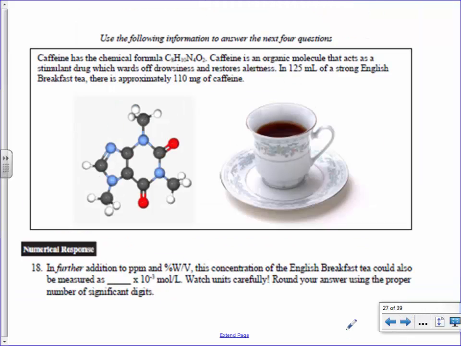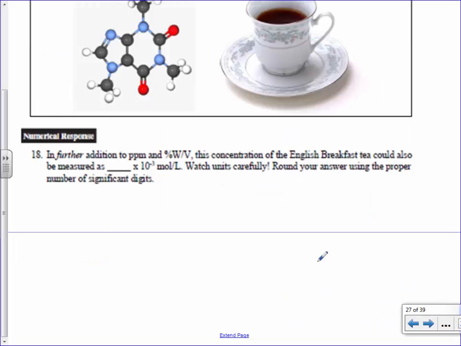So, this one's probably the most challenging one of the three. This one now wants moles per liter. So, in order to get something in moles per liter, we need to get a mole number, and we need to divide it by a liters number. And we have the liters number. The liters number is 0.125. The problem is we don't have a moles number, but there is a way to convert it. If we have grams, we can use a molar mass to get to moles.